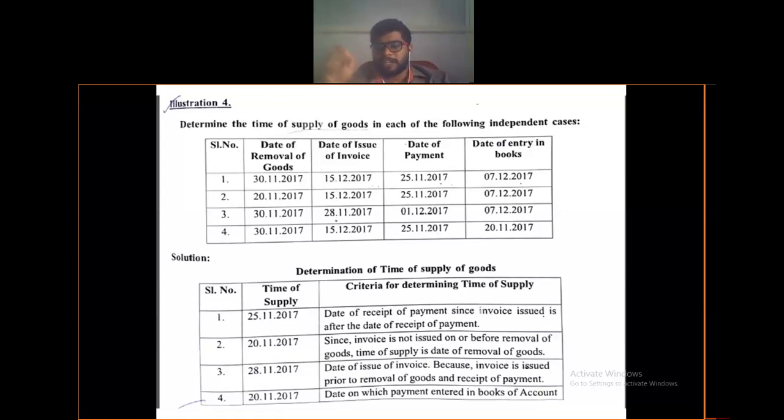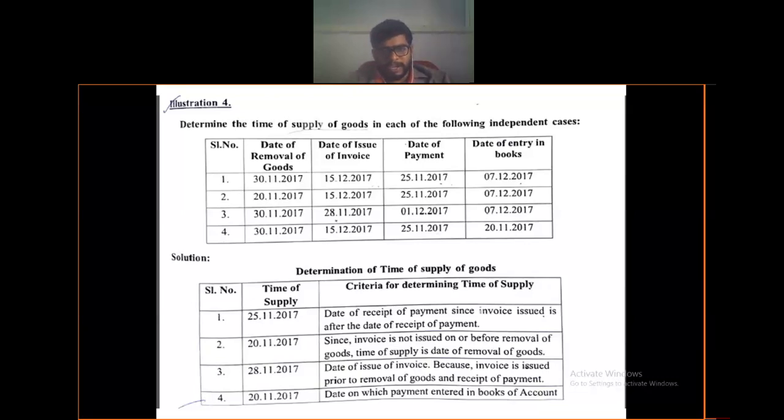That is the date of payment. Therefore the time of supply is 25 November 2017.